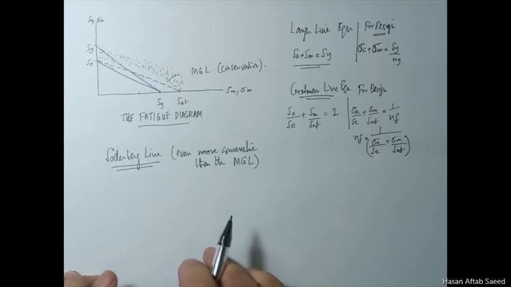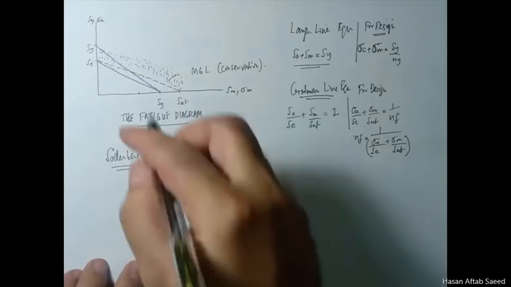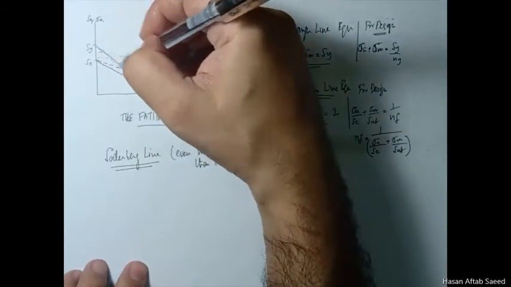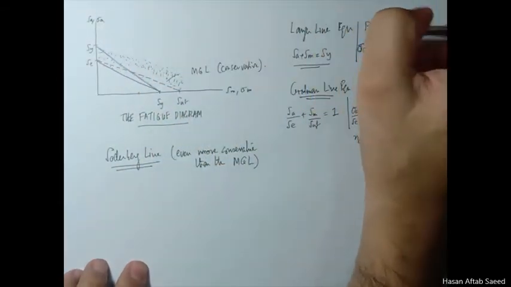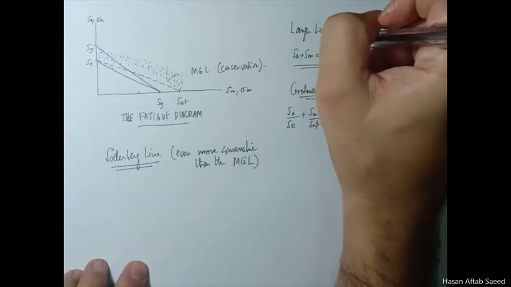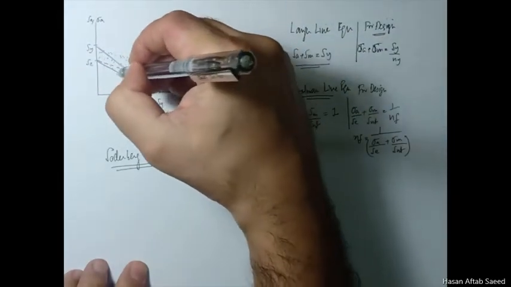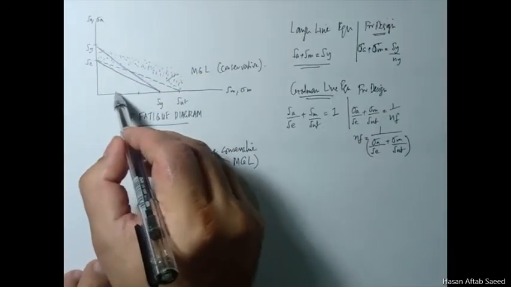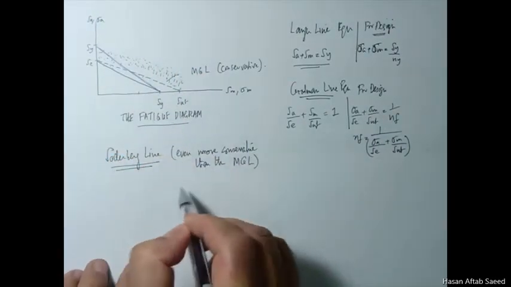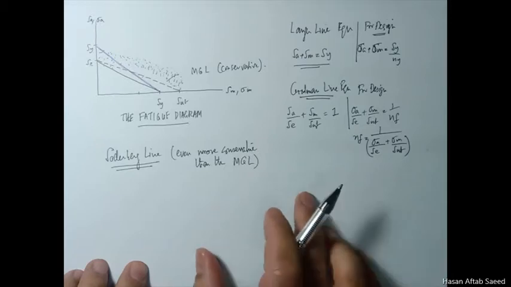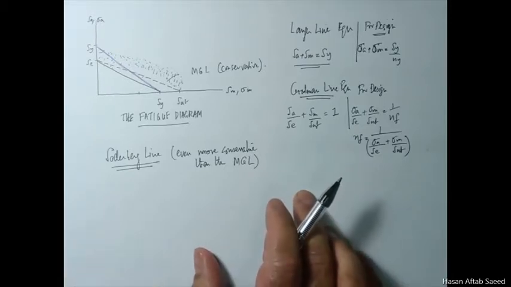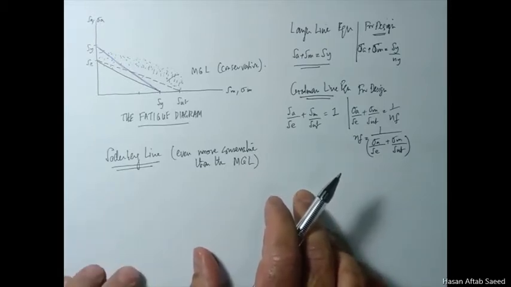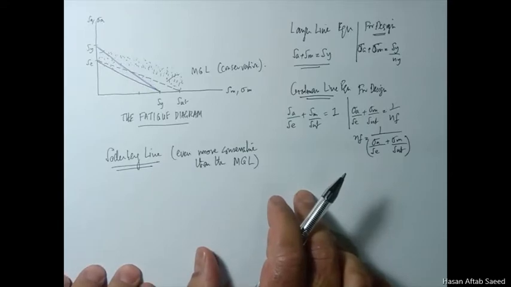But the principal advantage of this line is that this is the only failure criterion in which you don't need to consider the Langer line, because at no point does the Langer line intersect this. So you just check for failure through this line, and if it doesn't fail, then there's nothing to worry about. But its major disadvantage is that it's way too conservative, so it's very rarely used.